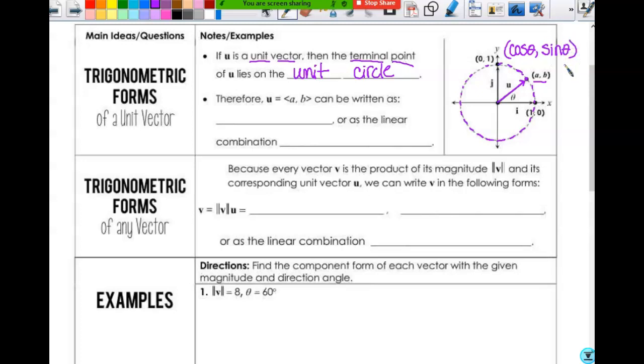So since I'm on the unit circle, that is cosine theta, sine theta, or (a, b). Make sense? Since that's what that ordered pair is, and this vector is in standard position, then it says, therefore, if the vector u is vector (a, b), which makes sense, then it can also be written as ⟨cosine theta, sine theta⟩.